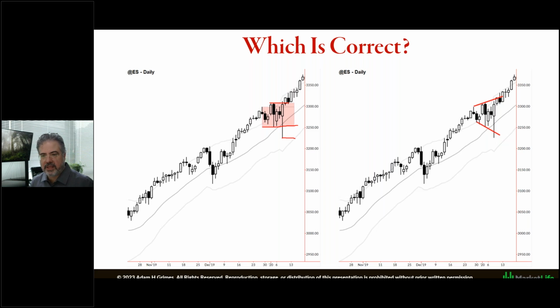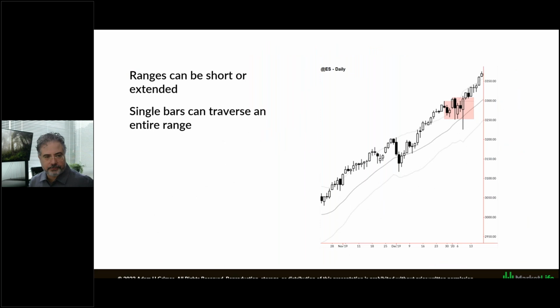Either read, I think, is correct, but one of the issues to realize here is that relatively tight ranges many times will have bars that completely go through the range. So, I showed you in the previous presentation, we were talking about ranges, and we were looking for ways to get short here and then get long here and kind of trade this bounce back and forth within the range, which you can do sometimes.